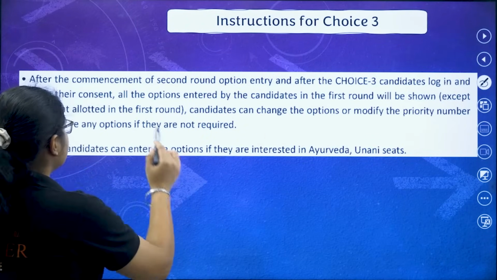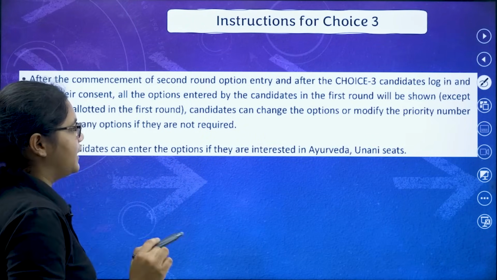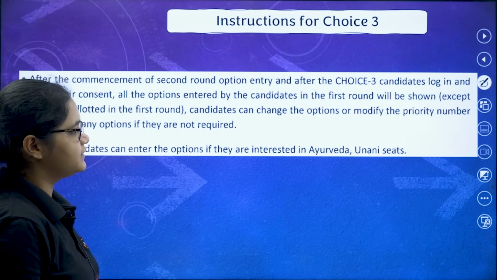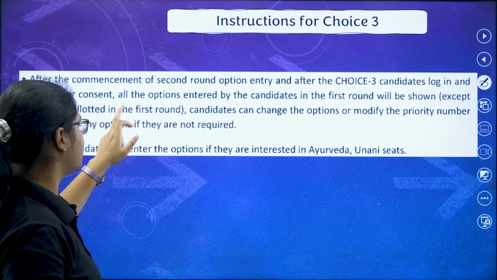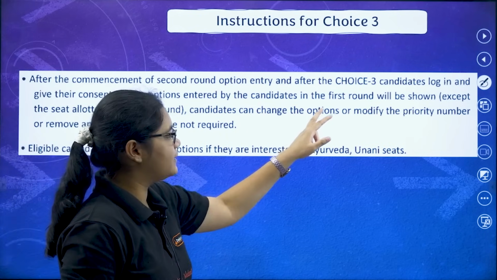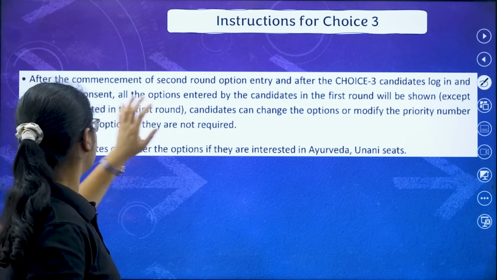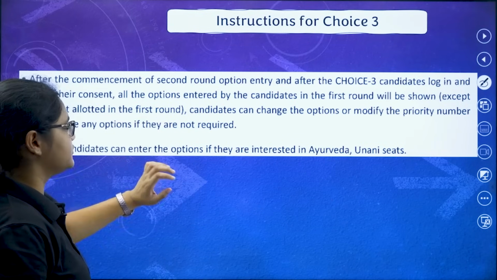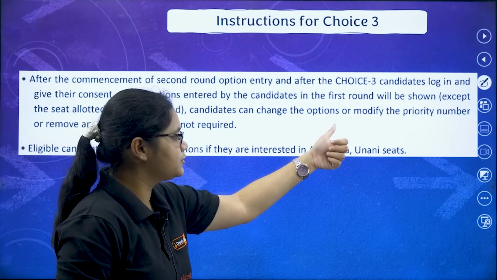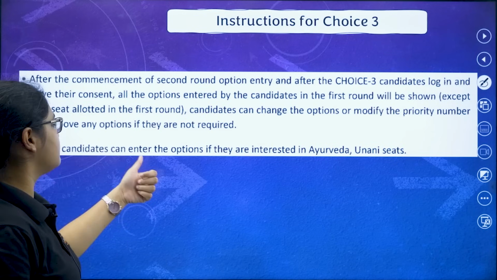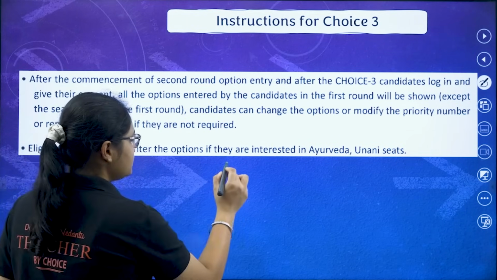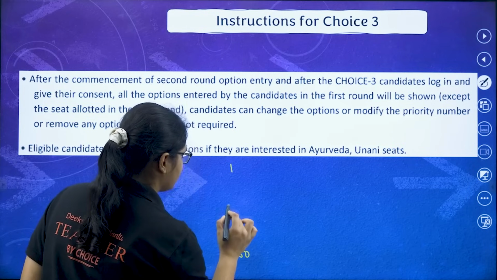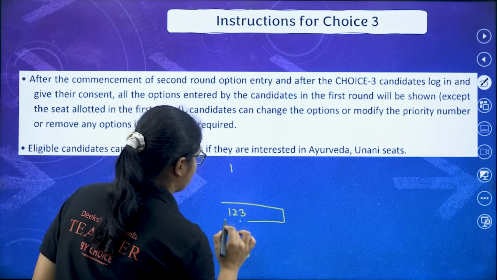Okay, after the commencement of second round option entry and after choice 3, candidates should log in to give their consent. So first of all, you should log in. All the options entered by the candidate in the first round will be shown except the seat allotted in the first round. Candidates can change the option, modify the priority number or remove any options if required. So suppose 1 to 180 is there, and the 123 seat is allotted to you.